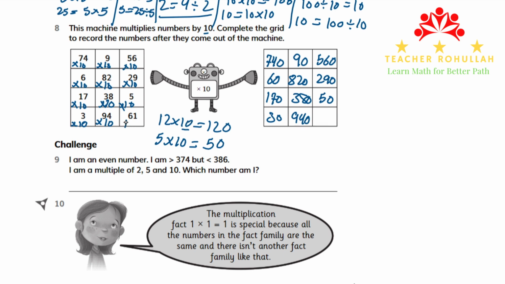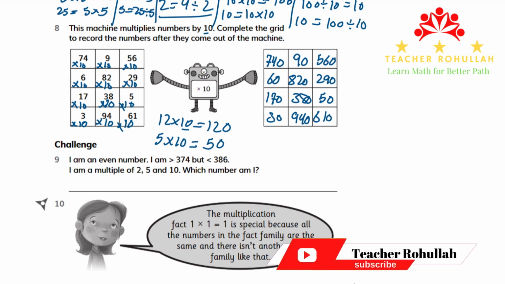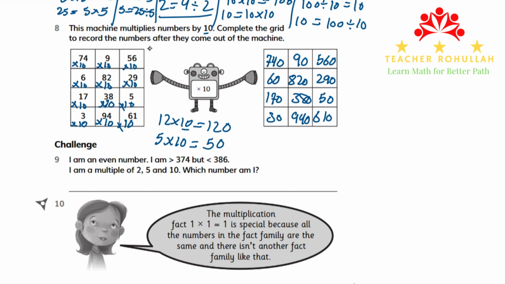And 61 times 10 gives us 610. This is the answer. So when you multiply any number by 10, just remember to write the number itself. Let's say 25 times 10, just write 25 first and add the 0 of the 10 to the right of it. The answer is 250. Well, this question is also done.